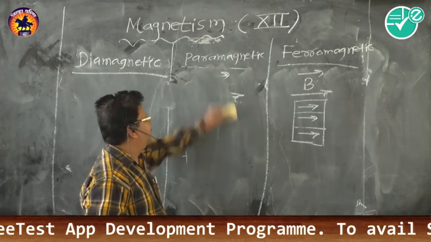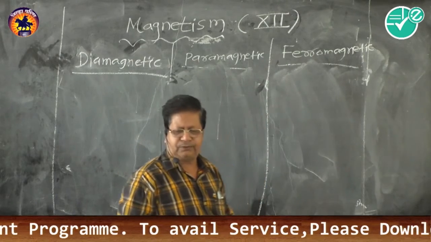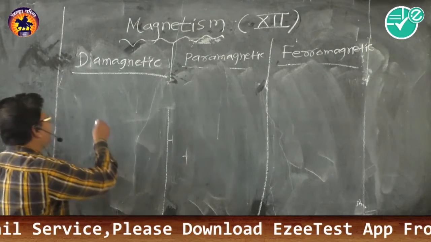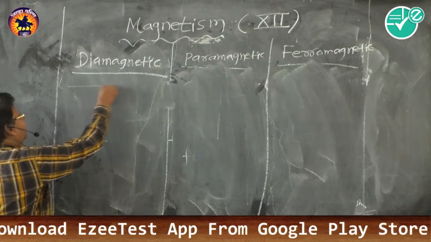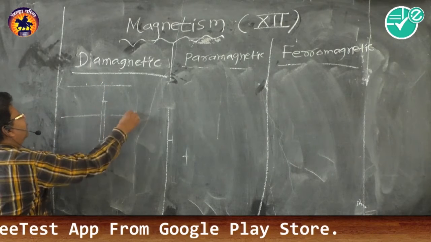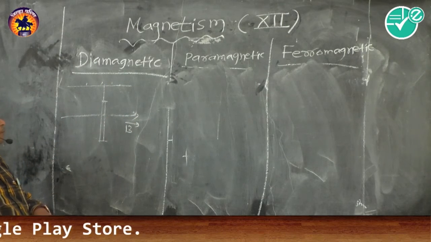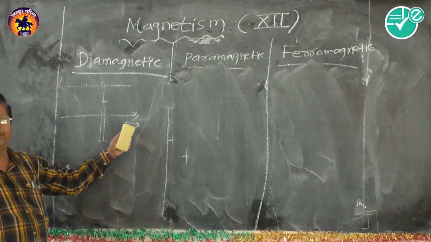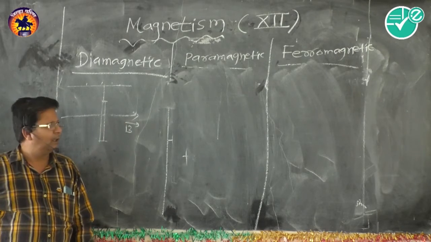If a thin rod of diamagnetic substance is placed in a uniform magnetic field, suppose the thin rod is suspended with the help of a thread in a uniform magnetic field, then it comes to rest with its length perpendicular to the direction of the magnetic field.